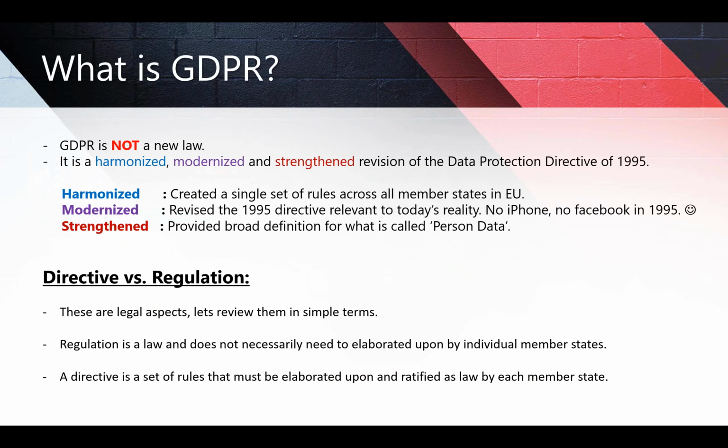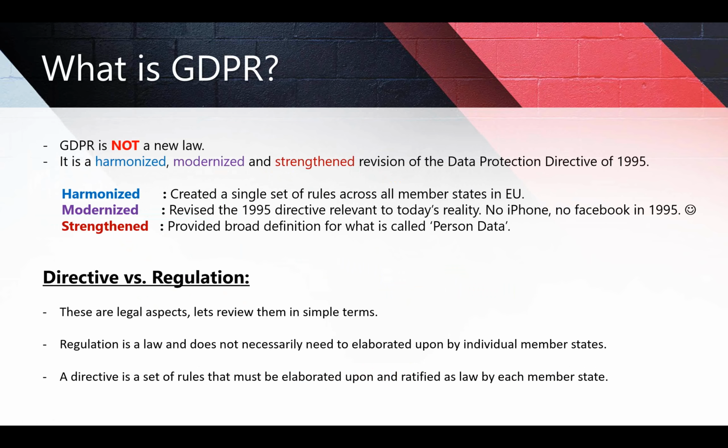So we need to understand what is actually the difference between directive and regulation, and that's where it's the language of law. But to understand this simply, a directive is a set of rules that must be elaborated and ratified as a law by each member state.